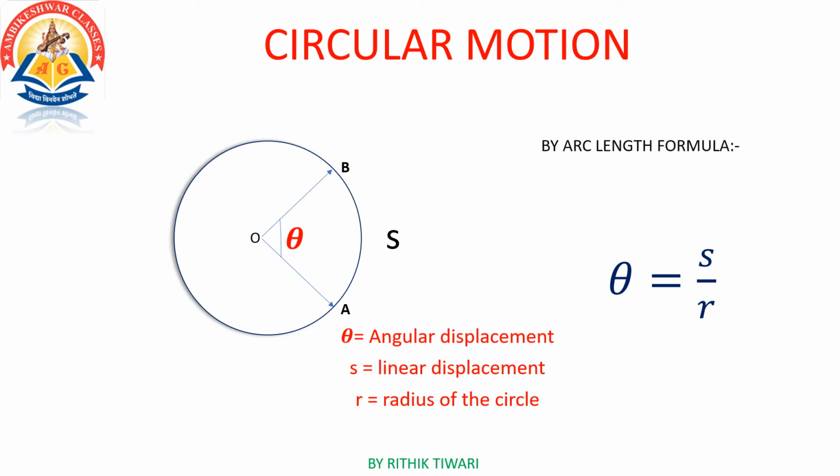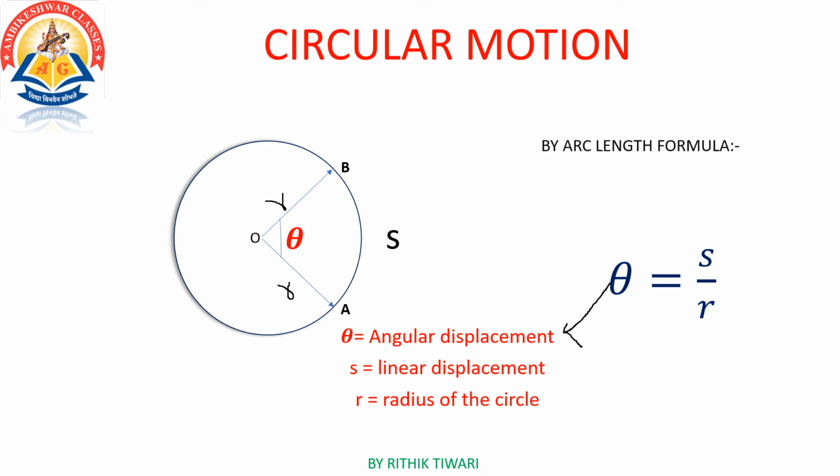How is it your angular displacement? Because your radius vector that was initially OA has moved to OB by an angle theta. This was your radius vector initially, and now also it's your radius vector only.